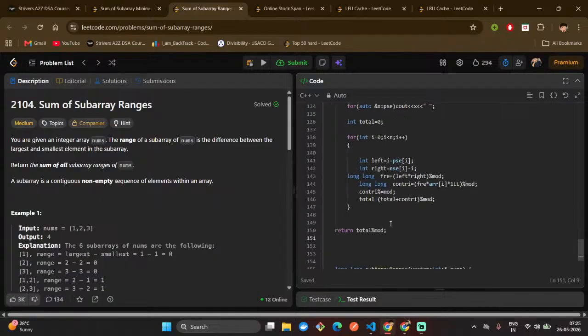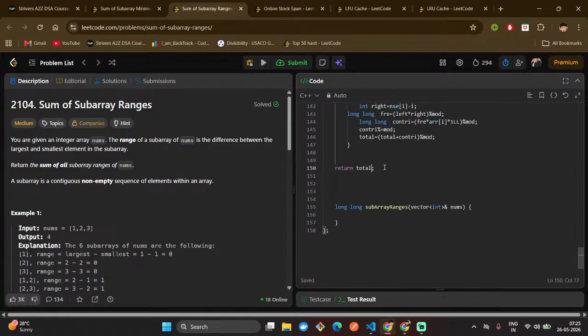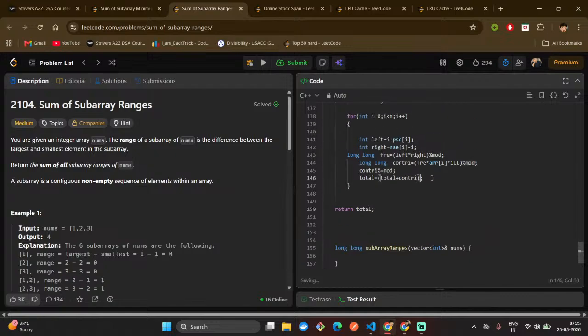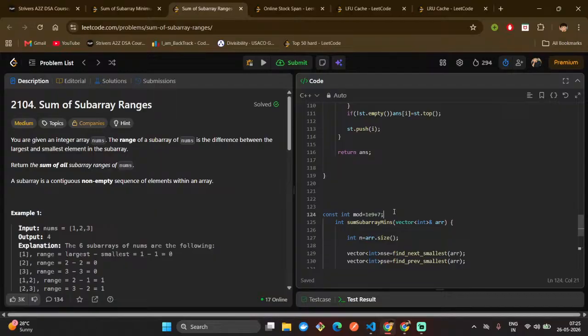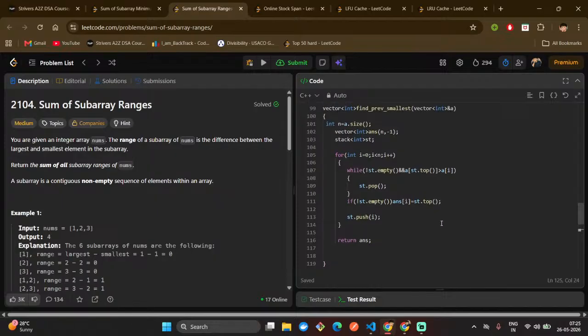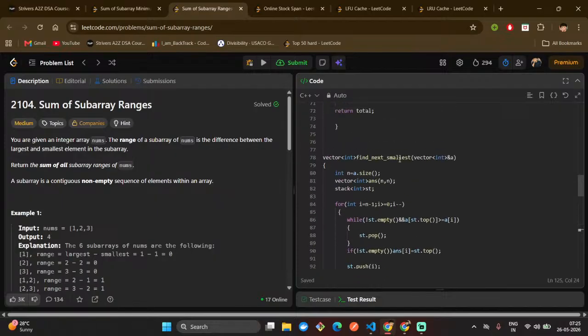Just remove that. Here, write it: it's sum of maxes. Now we have to find the next greatest. Find the next greatest. Okay.